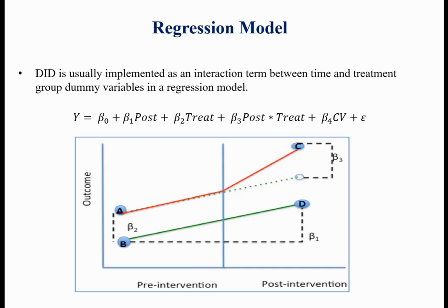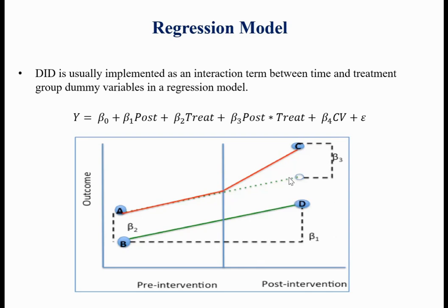And the change that we are looking at, most often our concentration is the change after the treatment or after an intervention, because prior to the intervention, these two groups will be moving in a parallel line or in the same manner. So when we look at the difference, the change of the results after the intervention, then that is what we are basically interested in.